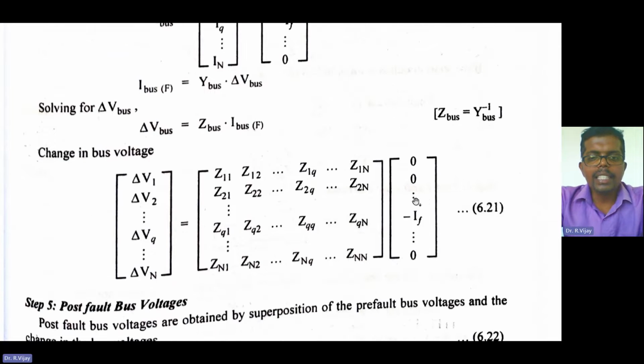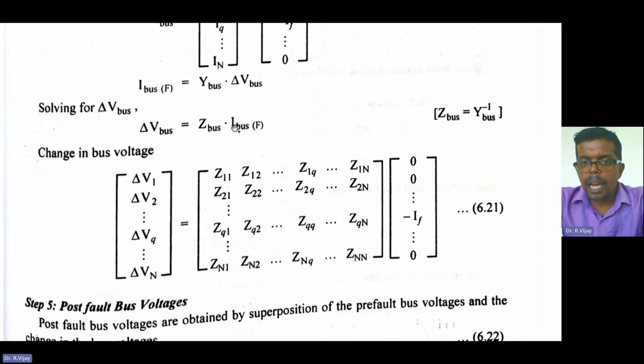Next, the change in the bus voltage: del V1, del V2, up to del VQ, up to del VN, is equal to the Z bus impedance matrix, which we have already seen: Z11, Z12 up to Z1N, Z21, Z22 up to Z2N, ZQ1, ZQ2, ZQQ up to ZQN, ZN1, ZN2 up to ZNQ up to ZNN, into this I bus fault.